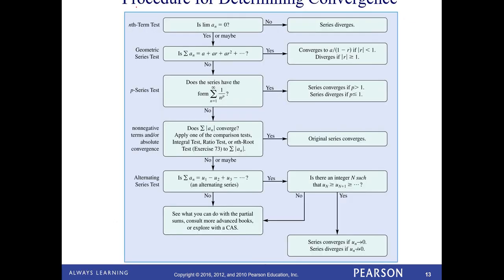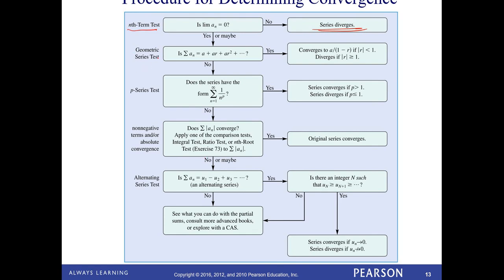The top here, I know it's cut off, says procedure for determining convergence. This chart is going to come in very, very handy. First thing we're going to try is the nth term test. Is the limit of a sub n 0? If yes, or if we're not sure, we're going to go on to other tests. If no, we say it diverges and we're done. We then look for any of these tests.